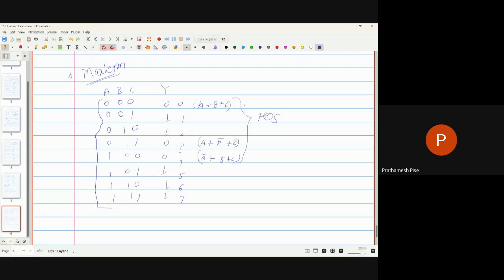Because it should be 0 in just one specific case. If any one of these flipped, this term will become 1. So it is 0 for this one specific term, and if any of these terms is 0, the whole output should be 0, and therefore we are doing the product. So this is product of sum, also known as max term, which is represented.